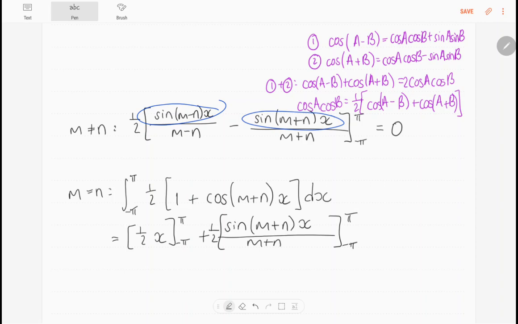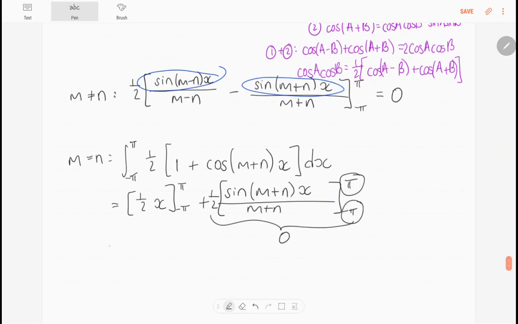And once again, sin at any multiple of pi is 0, so at both the top and bottom bounds it will be 0. So this entire term is going to become 0. That means our final answer is going to be a half multiplied by pi minus a half multiplied by minus pi. So our answer is pi, and that is what we wanted to show.